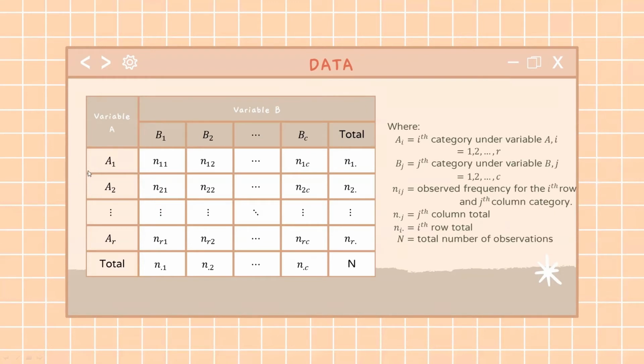The first row in the table represents the category that is lowest in magnitude on the A variable. The Rth row represents the category that is highest in magnitude on the A variable.